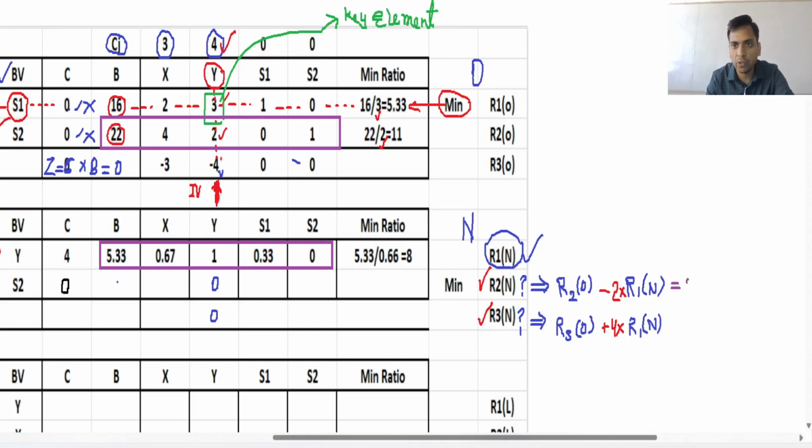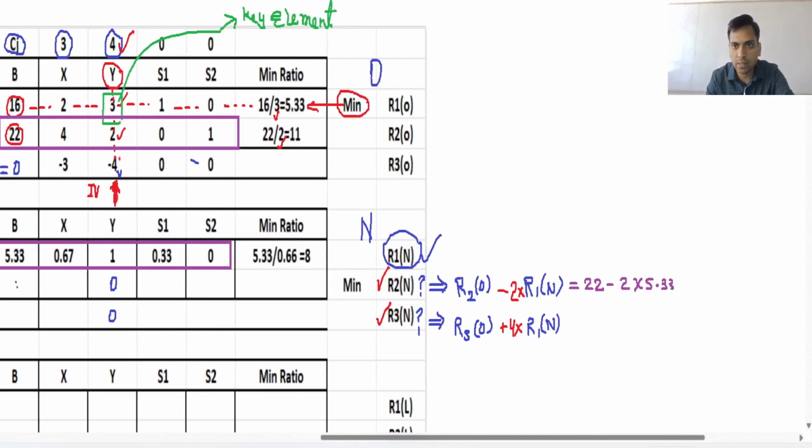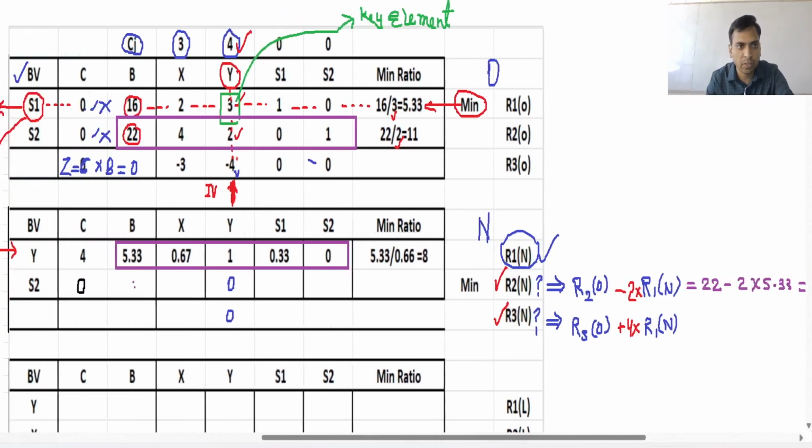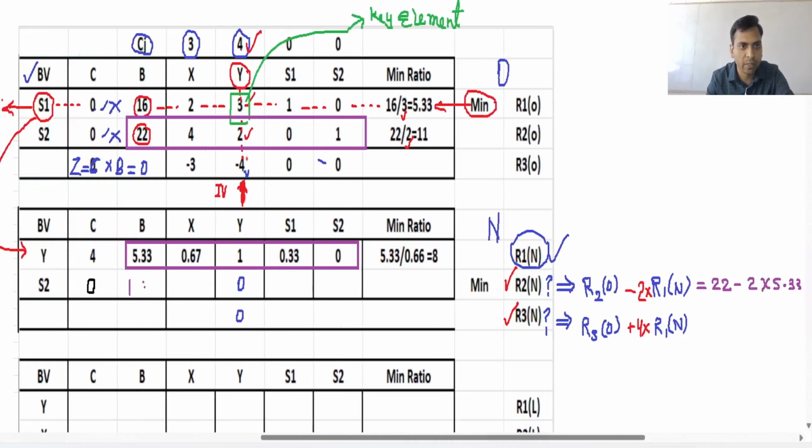So R2 old is 22 minus 2 into the corresponding new, which is 5.33. So you will see this quantity is 11.33. We will put 11.33 here, and in the same way we will find the other values.